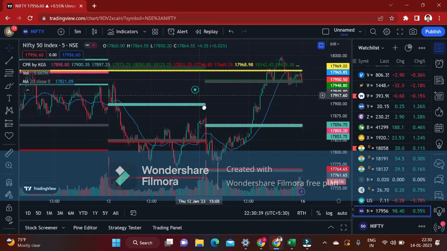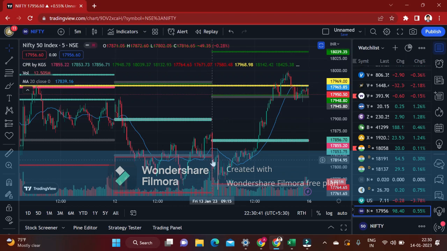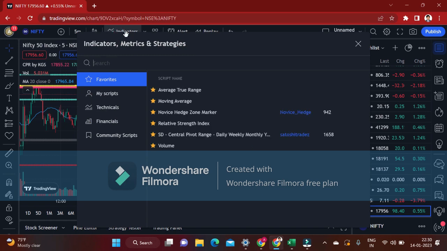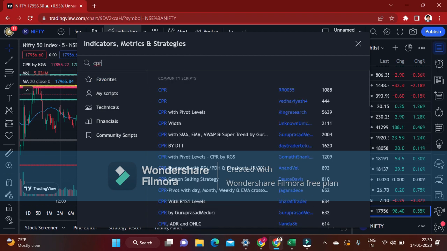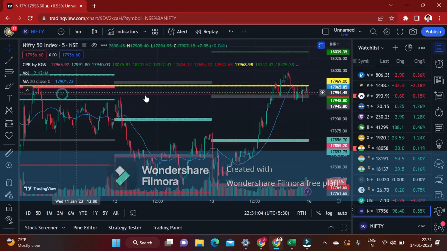Initially I'll tell you how you can build this setup in your systems. In TradingView, you have to go here and type CPR by KGS. Then automatically everything will come.